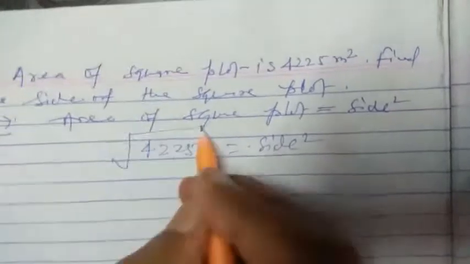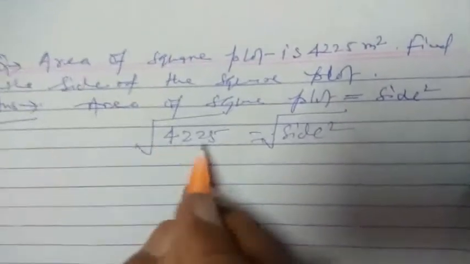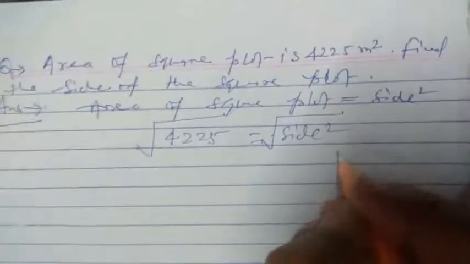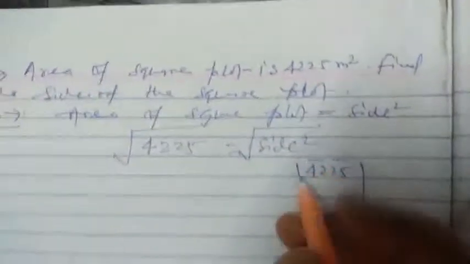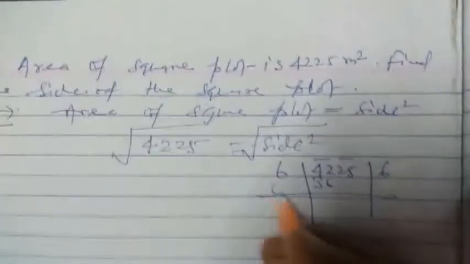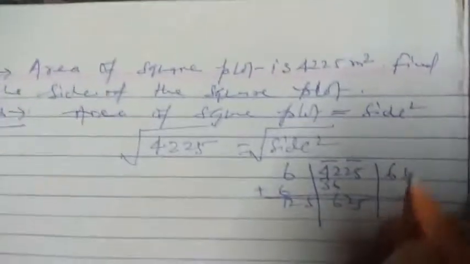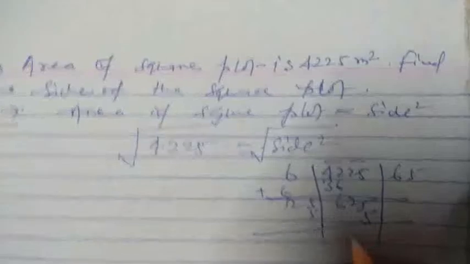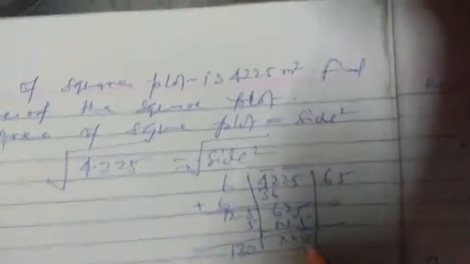So taking the square root on both sides, using the division method you can find the square root of 4225 like this. 4225, making pairs of numbers. 6 6s are 36. Add this number, 12, 5, 65.